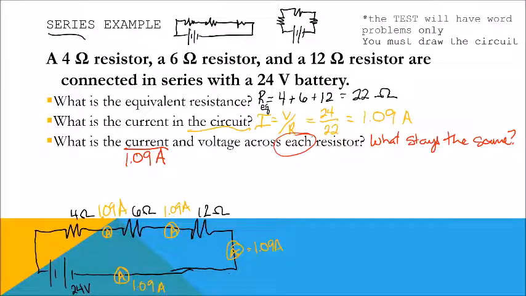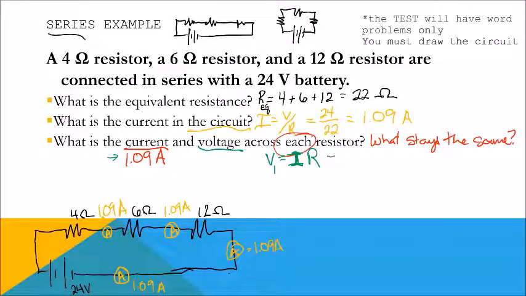For the voltage, we need to solve. So voltage equals current times resistance. We're going to have to do that for each resistor. So each resistor is going to have the same current because we're in series.